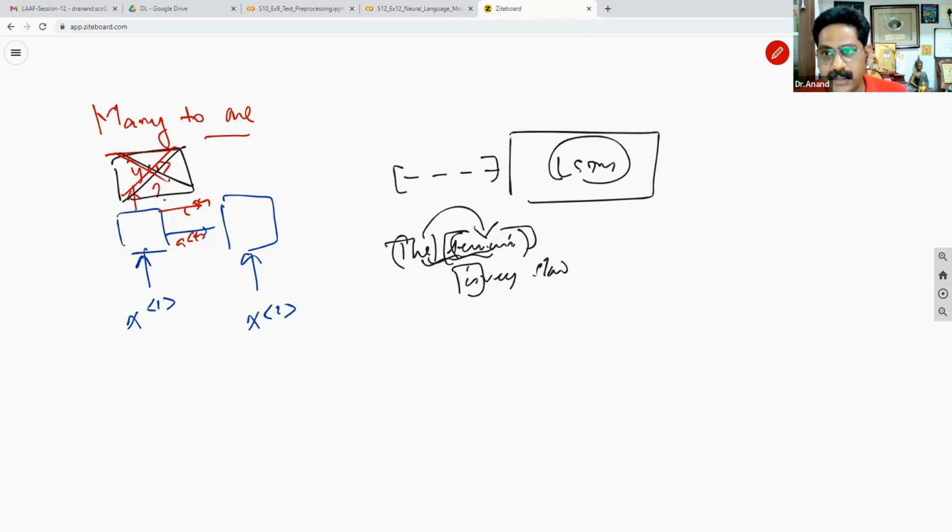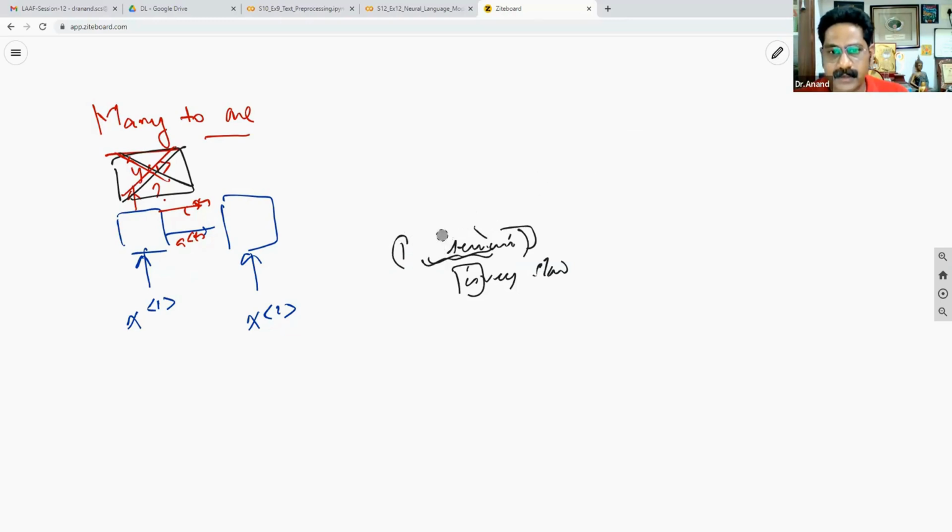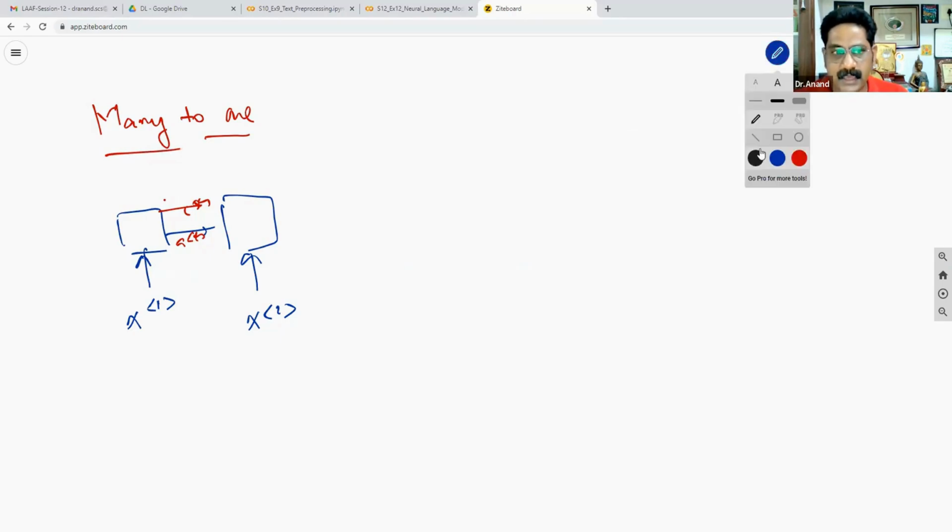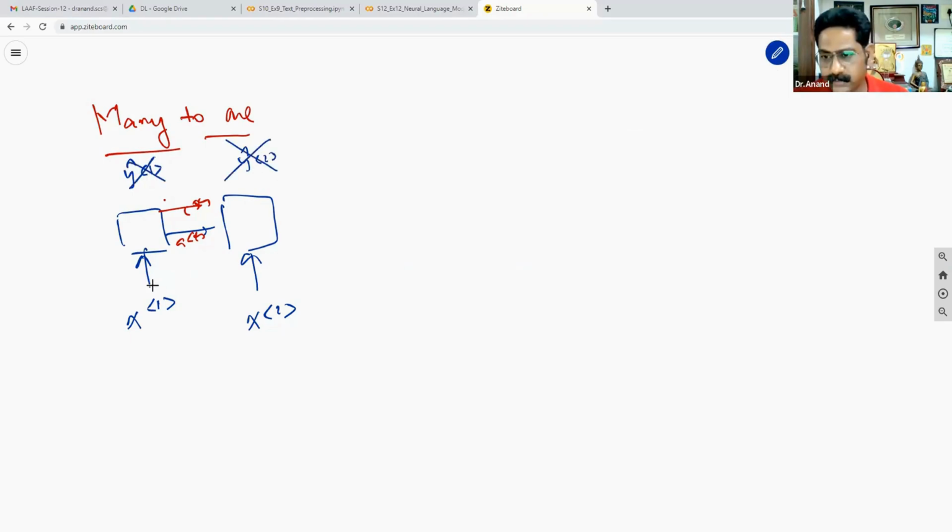But what is important here? I present the complete sequence at each time step. At each time step, I really don't need to calculate what is my Y cap of 1, what is my Y cap of 2. I'm not going to compute that here. Rather, you are just placing your input tokens and so on. This is the last token of my input sentence, always represented as TX, isn't it?